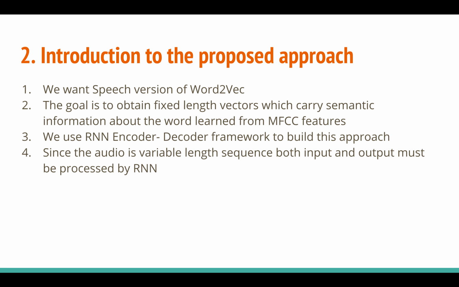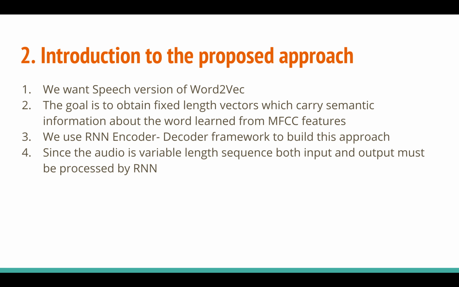So the goal of this paper is basically to get a fixed length representation for a variable length audio sequence. The length is variable because the words are speech segments, and the length of the speech segment for every word can vary, because it's audio, it's a time series. Then to encode those kinds of variable length inputs, they use a recurrent neural network, and the output should also be a speech sequence, because as we know in word-to-vec, we take some word and try to predict some other word.